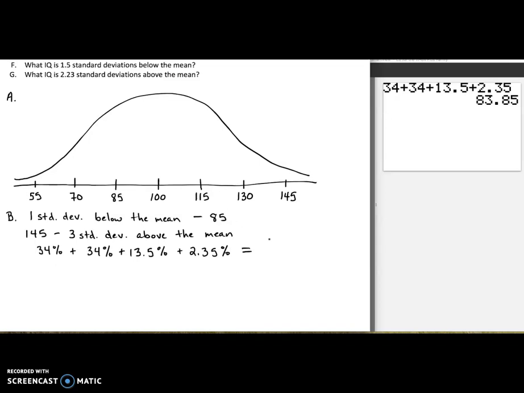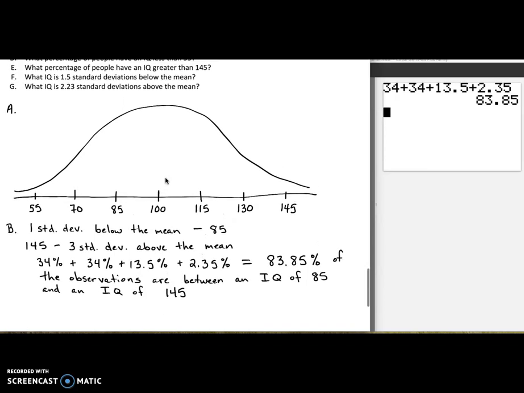And so 83.85% of the observations are between an IQ of 85 and an IQ of 145. So that is problem B.